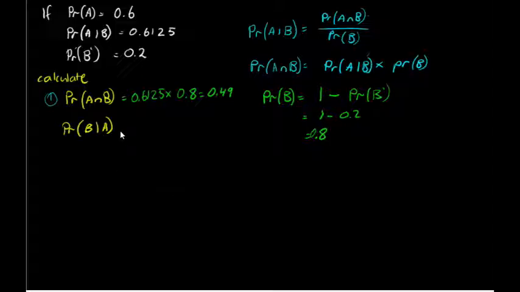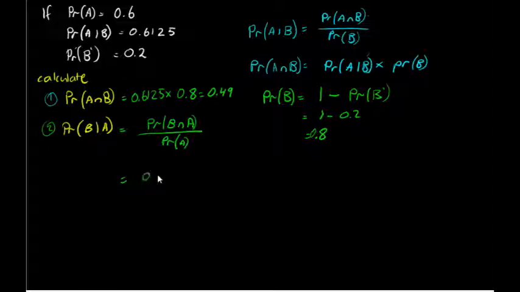Now the next one, the probability of B given A, is going to be the probability of B and A over the probability of the given event, which was A. We know what A is, and we know what A and B is from our part 1.